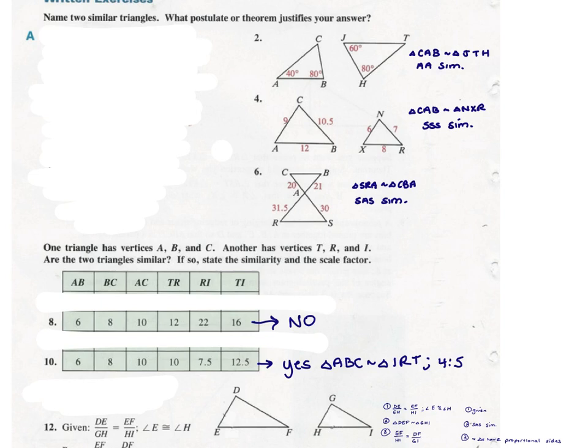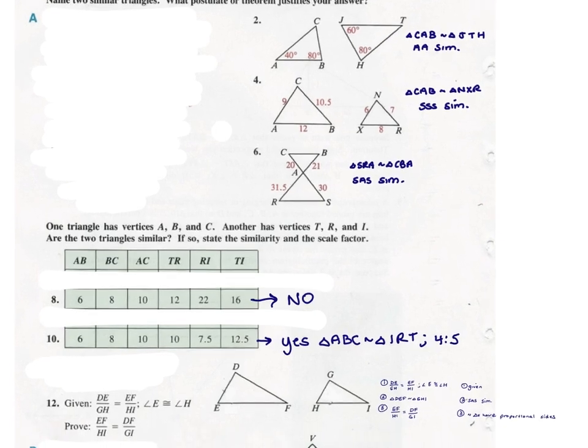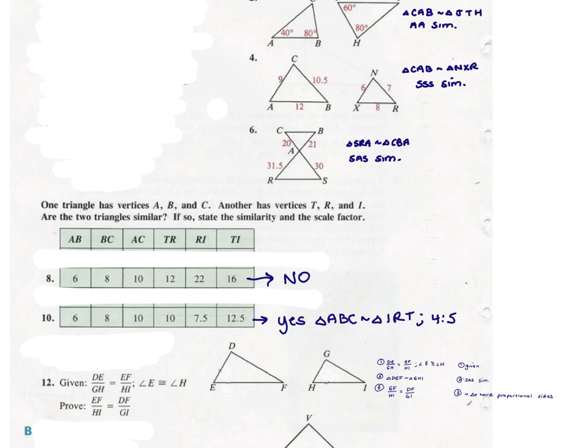So 8 is not proportional. 10 is yes. Triangle ABC would be similar to triangle IRT, and the scale factor is 4 to 5. You could have also done 5 to 4 because it didn't give you an order on that.